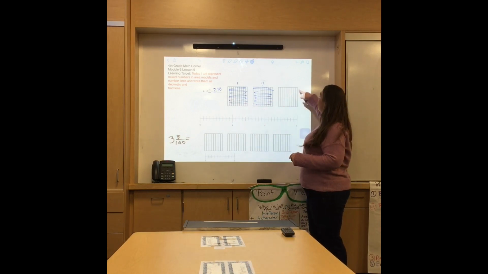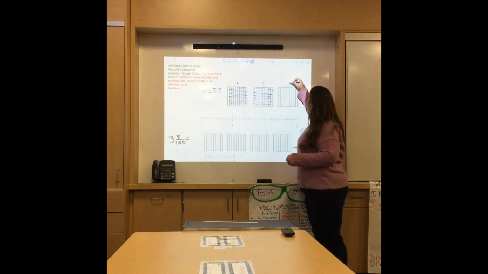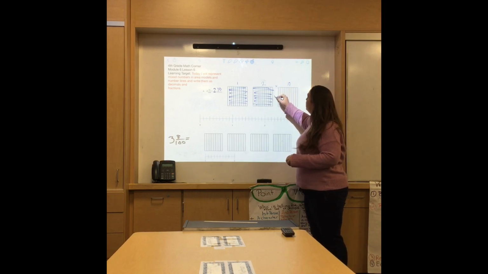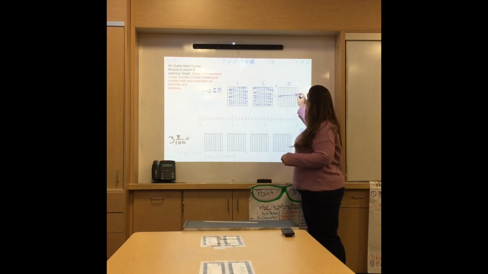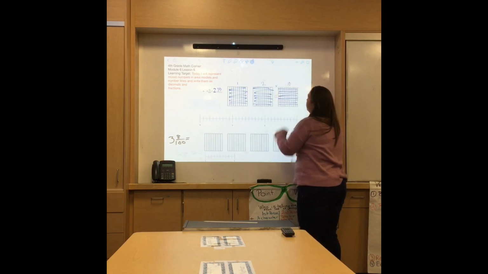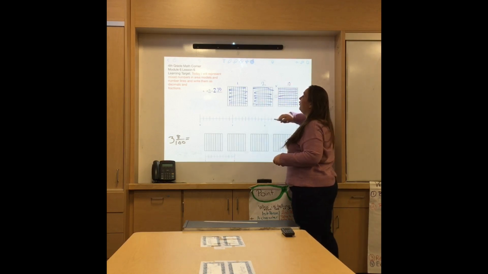It is only broken into tenths, and we have learned that if you have 10 columns and we cut them into 10 rows, it'll create 100 pieces or hundredths. So there's 1, 2, 3, 4, 5, 6, 7, 8, 9, 10. Now I have 10 times 10, 100 pieces, and I'm going to color in 35.